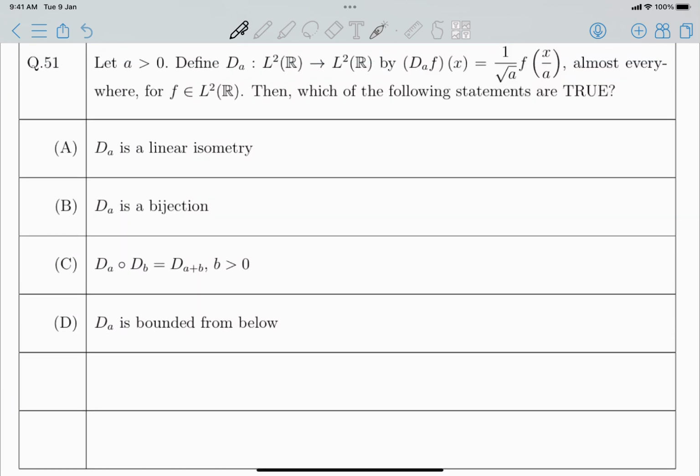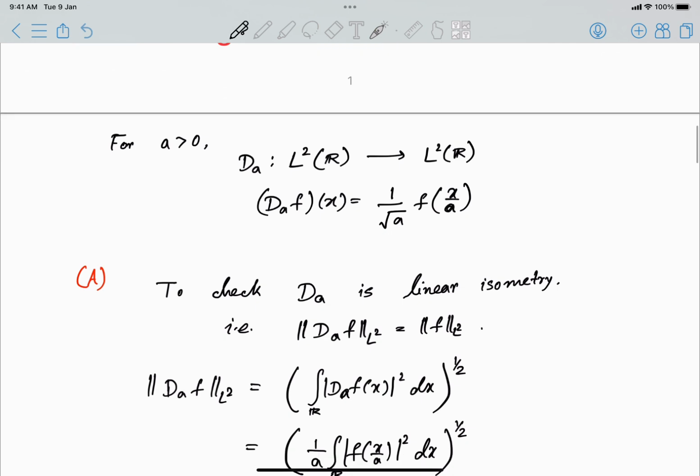Now I have to check option number C, that dA composed dB is equal to d of A plus B or not.